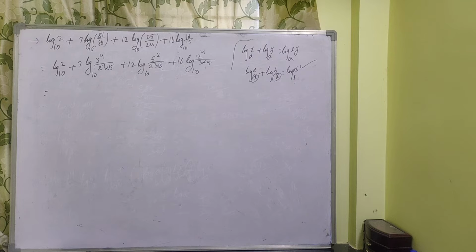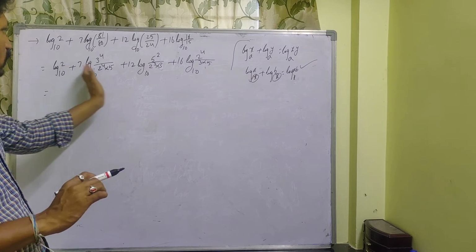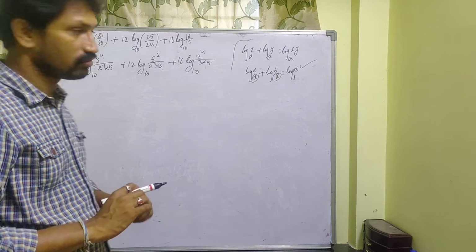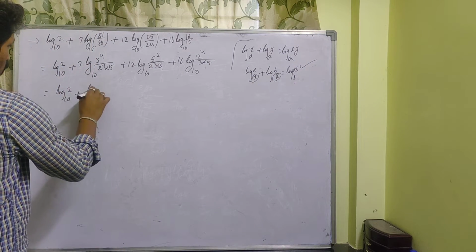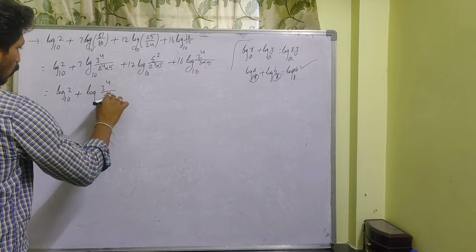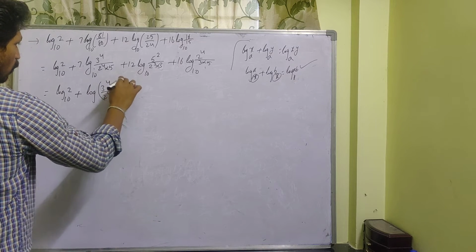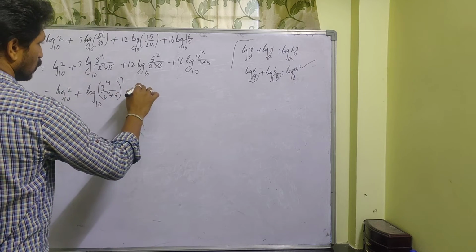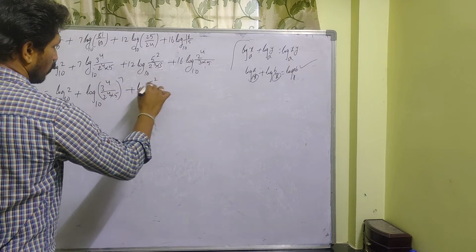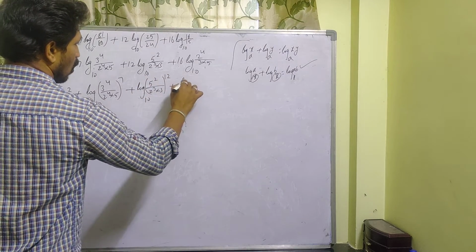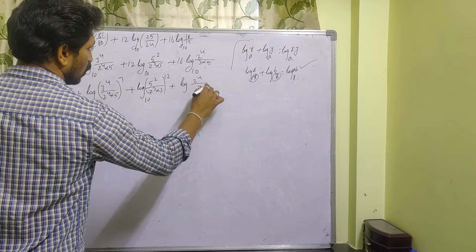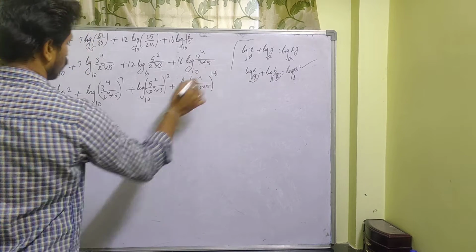See, after that what can you write here? Logs, this formula you can use. Okay, see, first you write like that: log 2 base 10 plus log of 3 power 4 by 2 power 4 into 5 whole power 7 with the base 10, plus log of 5 square by 2 cube into 3 base 10 whole power 12, plus log of 2 power 4 by 3 into 5 base 10 whole power 16.